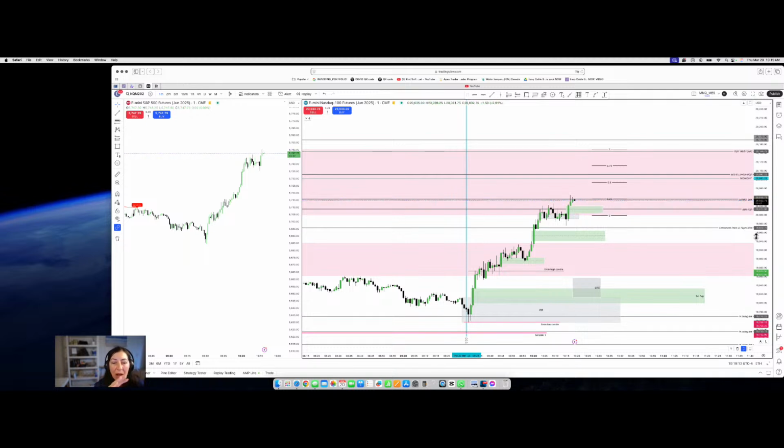I actually add my PD arrays and remove the ones that are no longer relevant, because this is my way to stay engaged with price, with the market, and any potential changes that may happen. This is my modus operandi, even if I was not live streaming with you guys today. This is how I engage with price on a daily basis.